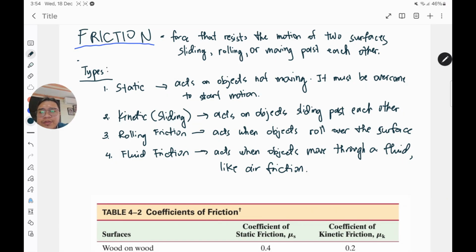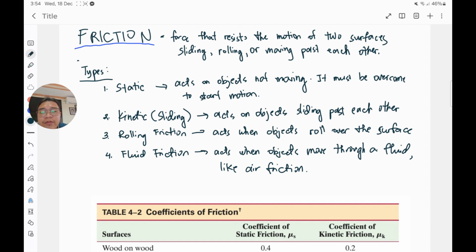Moving on, kinetic friction or sliding friction acts on objects that are sliding past each other. Whenever you push an object and it starts moving, it is the kinetic friction that opposes this force that you are applying.